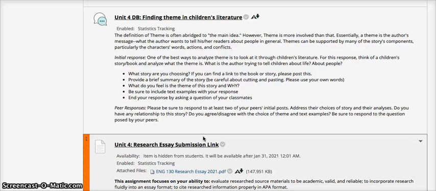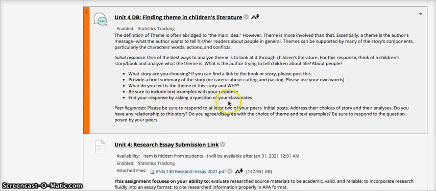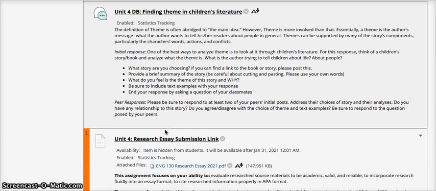Do you agree or disagree with the choice of theme and text examples? Be sure to respond to the question posed by your pairs. So that is why the question at the end of your response is important, because it helps engage people into your topic more, and it also helps you gain another perspective about the particular points that you pointed out.